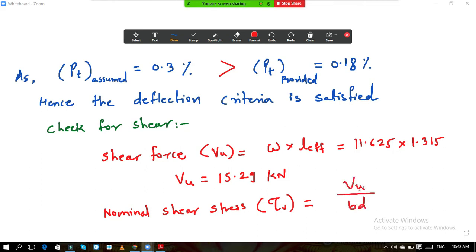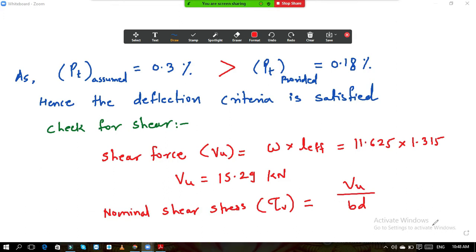This formula is also given in the IS code. If you refer to clause number 40.1, page number 72, there this formula is given. I have already shown you where the formula is given.